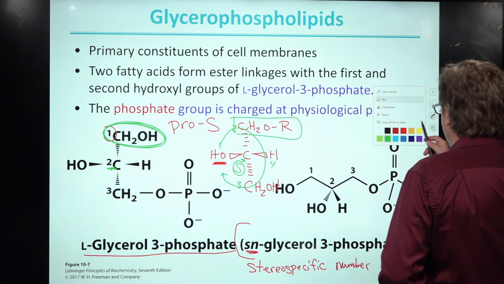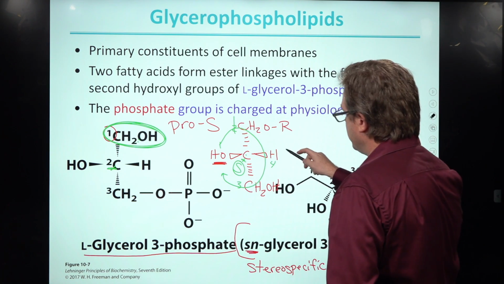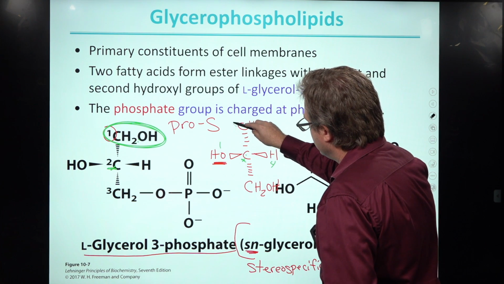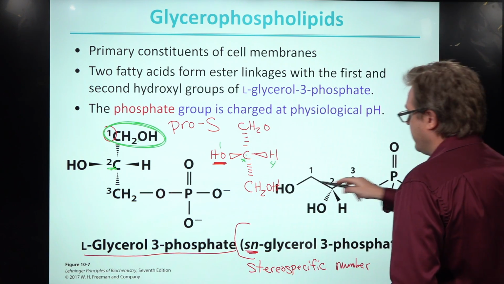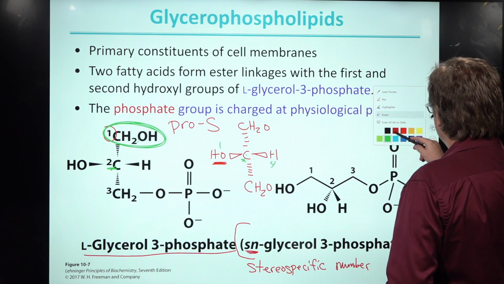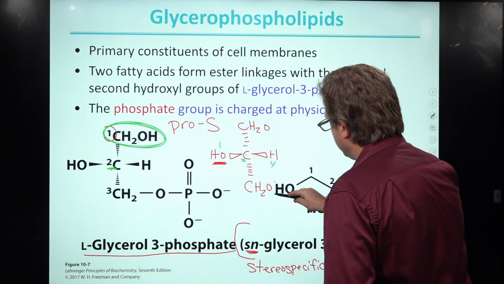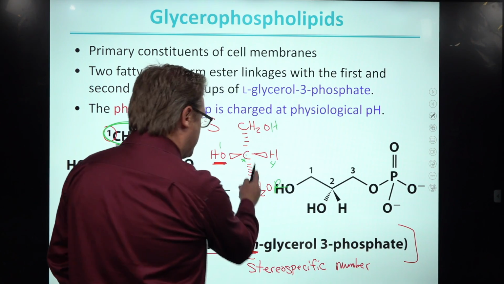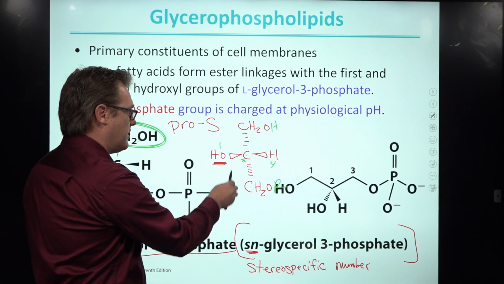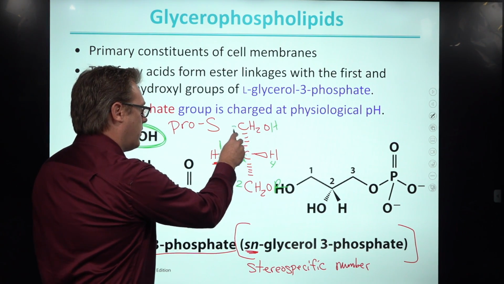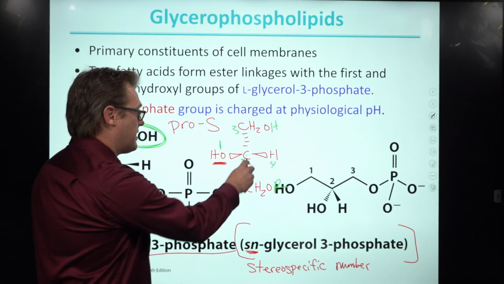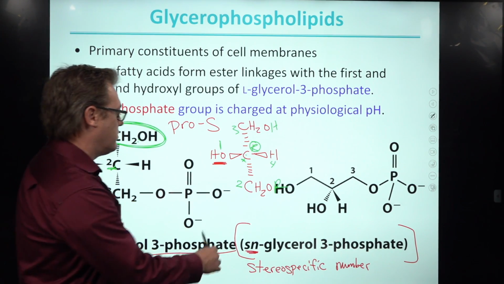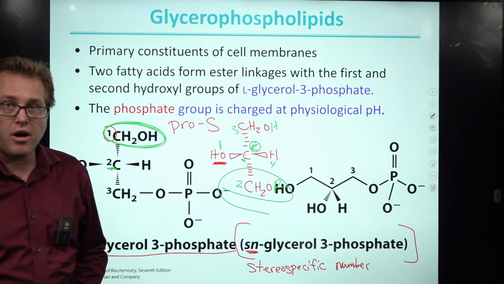So you can see that the opposite is true if you change this. If you change that hydrogen right there to, let's say, an R group here, and give back the hydrogen there, now when you try to figure out the configuration of the stereocenter, 1, 2, 3, that's going to make that stereocenter an R stereocenter. So this piece would be considered the pro-R arm.